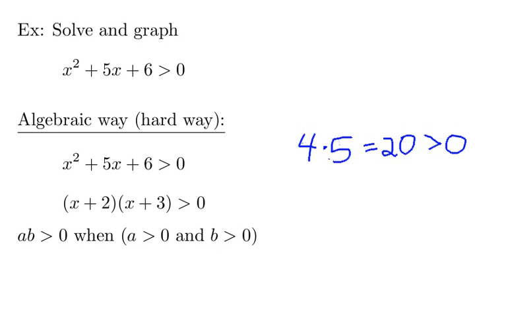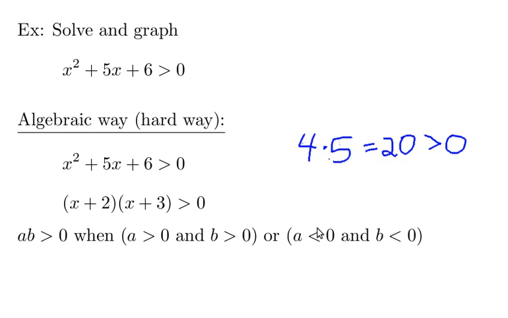But there is another condition that will give us a product that is greater than 0. So a times b is greater than 0 when a is greater than 0 and b is greater than 0, or a is less than 0 and b is less than 0.